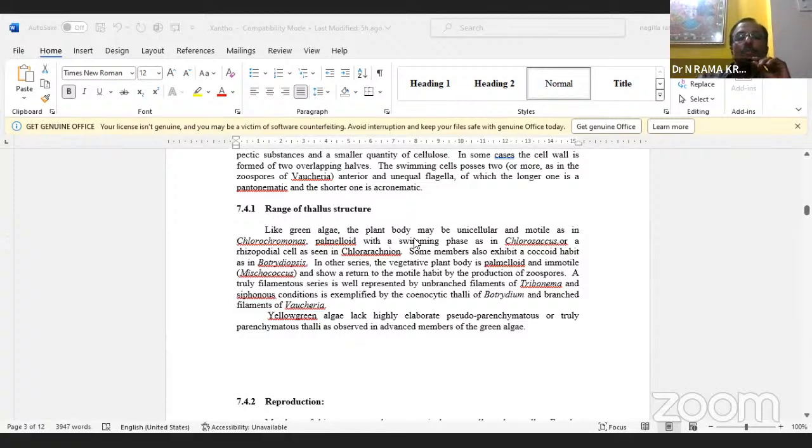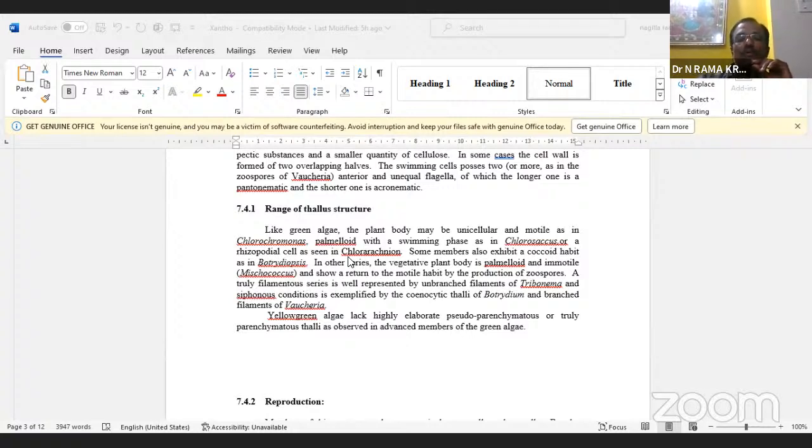Like green algae, the plant body may be unicellular and motile. Here you see often Chloromonas, it is a palmelloid stage. And the next one is often Chlorosaccus, it is a rhizopodial stage.